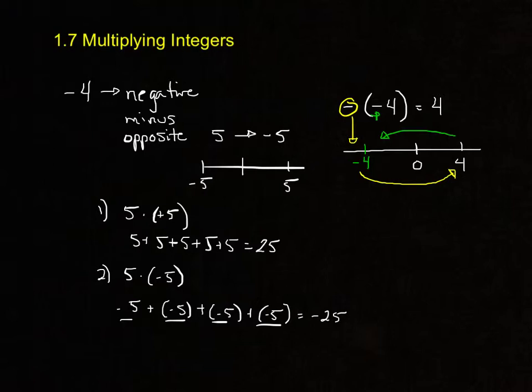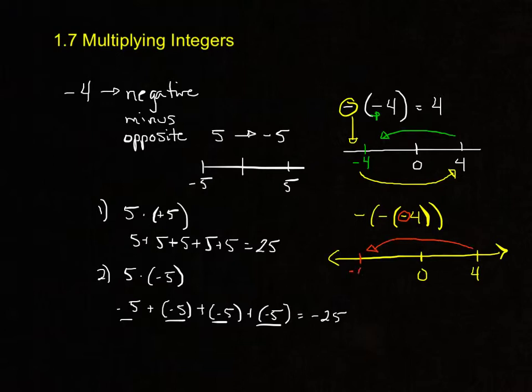If I said, let's say, the opposite of the opposite of the opposite of 4, it gets a little confusing as far as the notation goes. But let's look at that on the number line. Here's my 0. We'll start with 4. So the first opposite, there we go, -4.